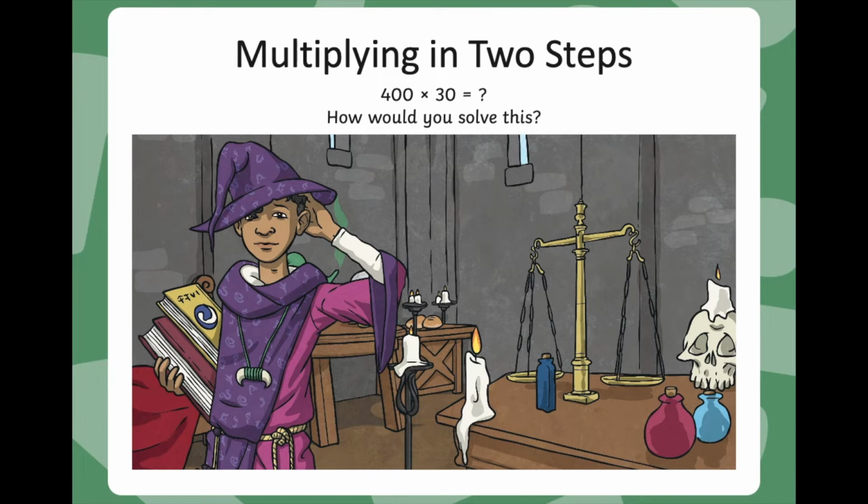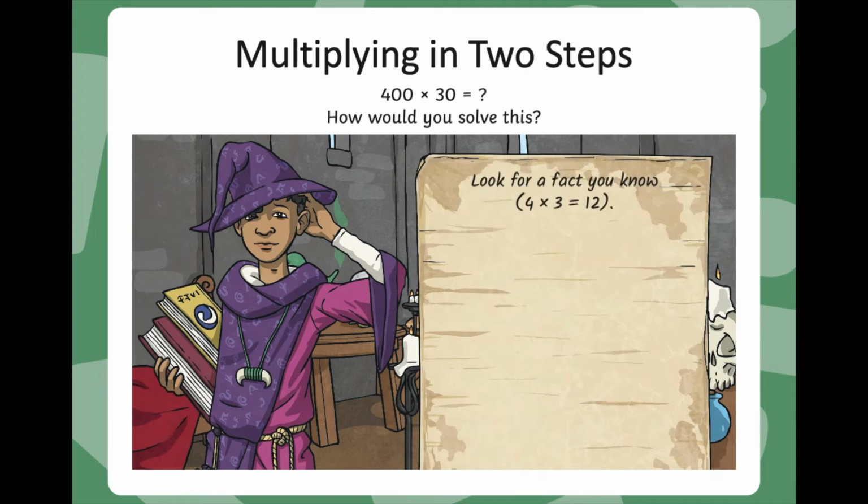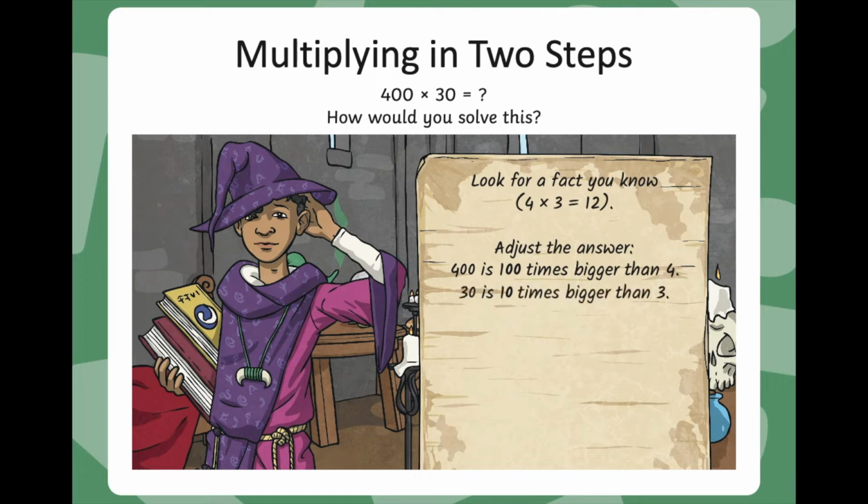Multiplying in 2 steps. 400 times 30. How would you solve this? First, you need to look for a fact you know. So that would be 4 times 3, which equals 12. Then you need to adjust the answer. 400 is 100 times bigger than 4. 30 is 10 times bigger than 3. 10 times 100 equals 1000, so the answer will be 1000 times bigger than 4 times 3.